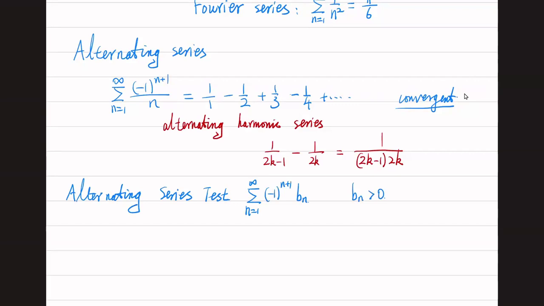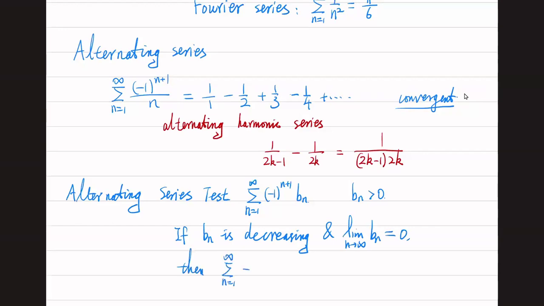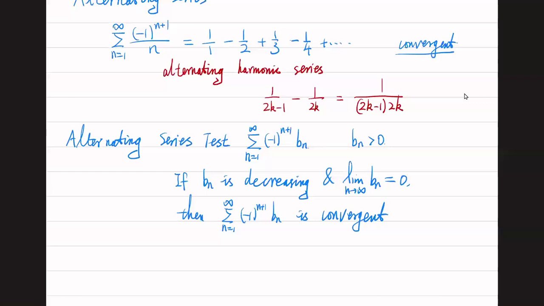Now if Bn decreases to 0, okay, so you can see the difference between this and the previous one.